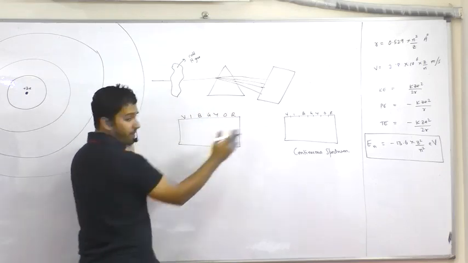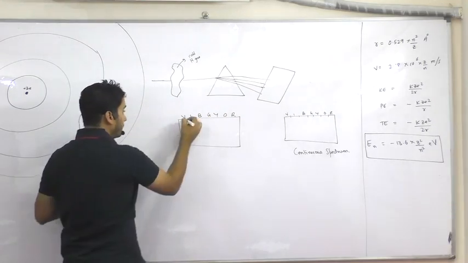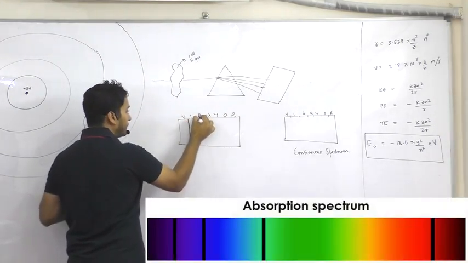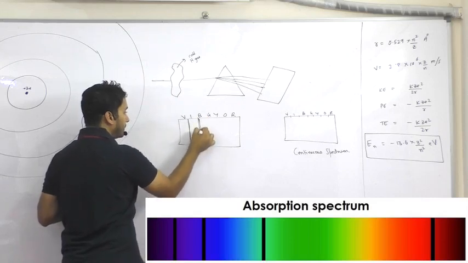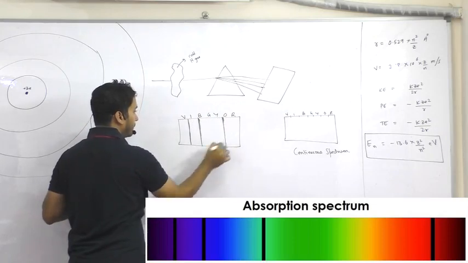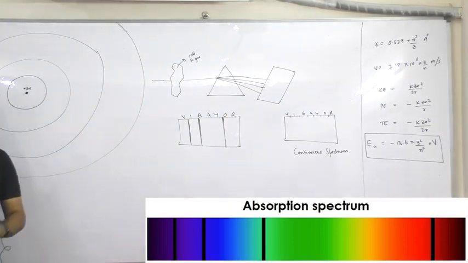I got my spectrum, but in the spectrum were certain dark lines. This spectrum had certain dark lines, right?